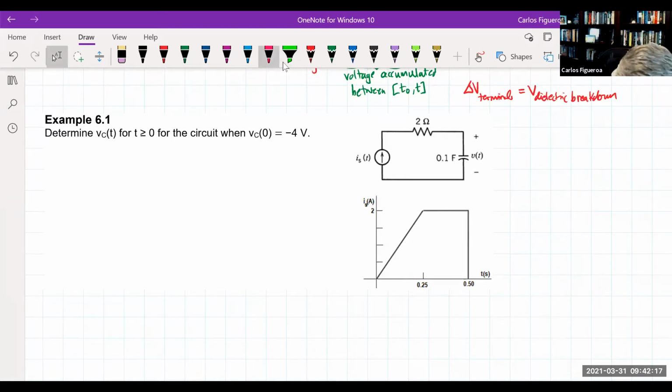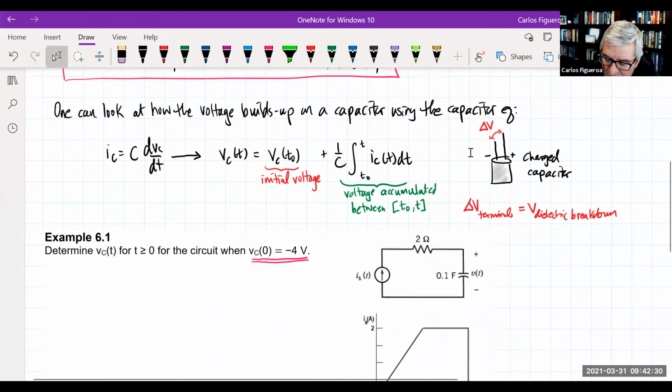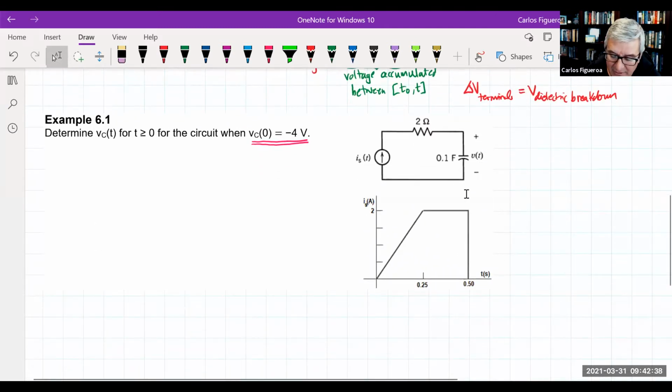But check this out. There's an initial voltage here. In other words, that voltage is low enough that the capacitor can hold on to the charge that it has without creating dielectric breakdown. So that being said, you could see that the current source is linear, then it goes to a constant, and then it instantaneously drops down to 0.